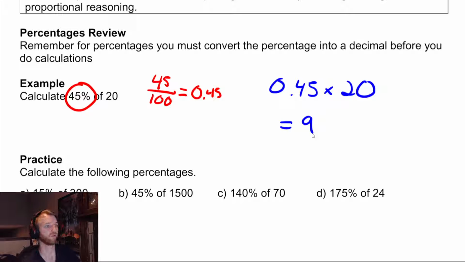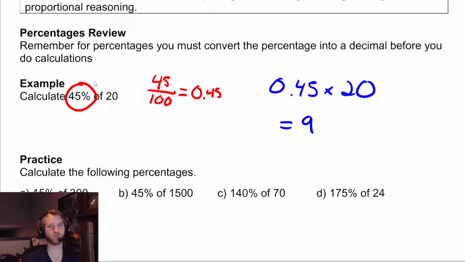If we wanted to go really crazy, we could have done this completely with mental math by thinking, what's 10% of 20? 10% of 20 would be 2, meaning 10 2s together would make 20. It's also easy: you can just move the decimal point over 1 when we're doing 10%. So if 10% is 2, then what would 5% be?